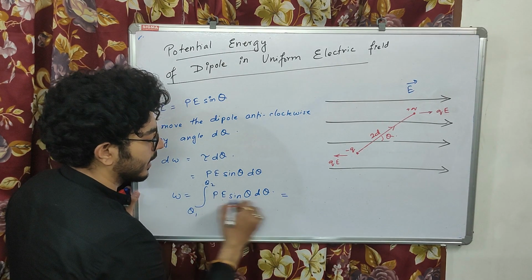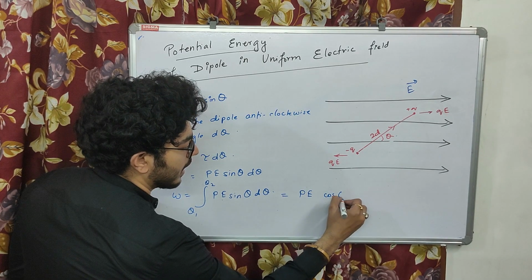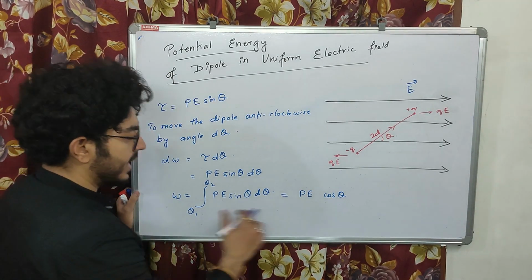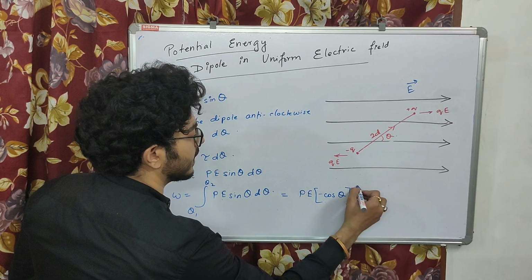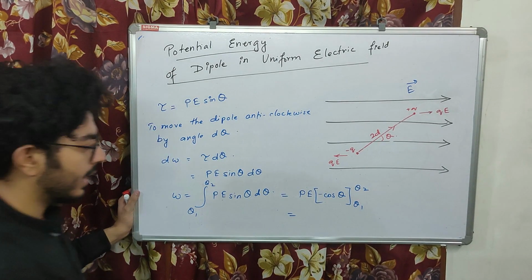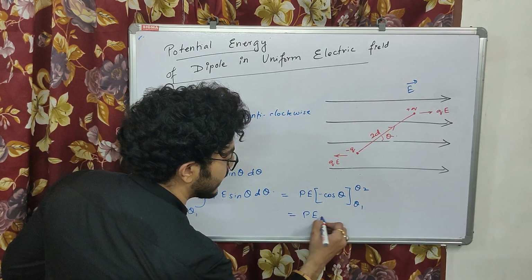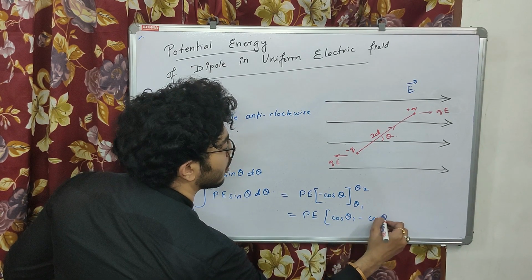You are going to get PE times minus cos theta, from theta 1 to theta 2. So you are going to get PE (cos theta 1 minus cos theta 2).